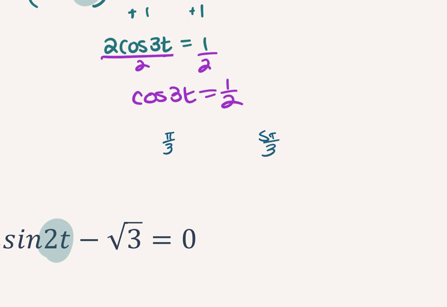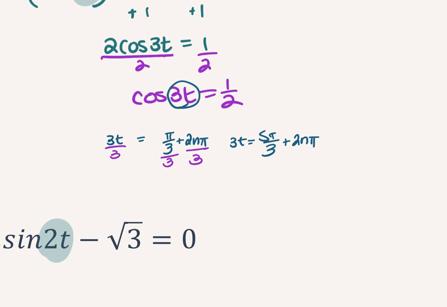So normally my answer would be pi over 3 plus 2n pi and 5 pi over 3 plus 2n pi. And normally this is just a single variable, so it would have said t equals or x equals that and I'd be done. But this time it says 3t equals that. So I have to divide, and when I do, I have to change both the angle and the interval.